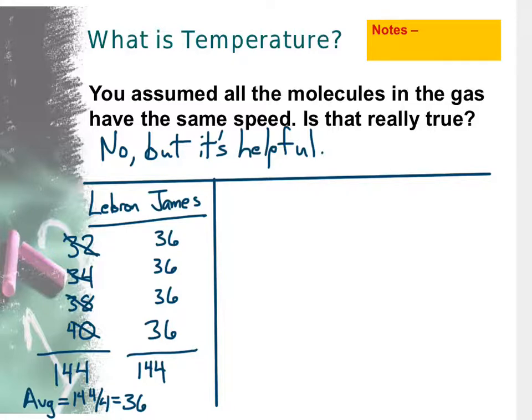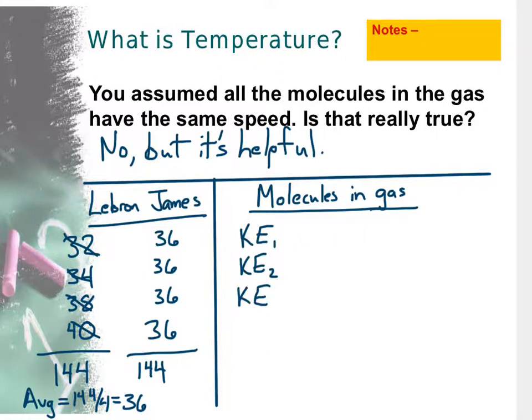So, how would I apply this law of averages to a gas molecule? Well, gas molecules have different kinetic energies, KE1, KE2, KE3, KE4, and let's just pretend for now that there are only 4 gas molecules inside our box. We know there are way more than that, but I think you would get the picture. We'd add up all those kinetic energies, and we would get a total kinetic energy for the gas.